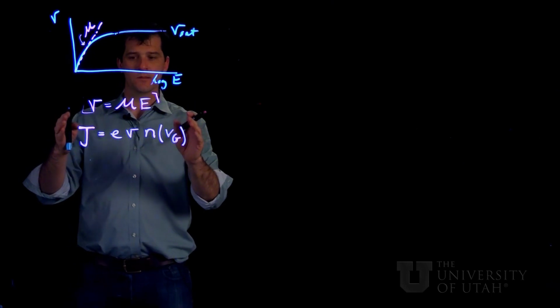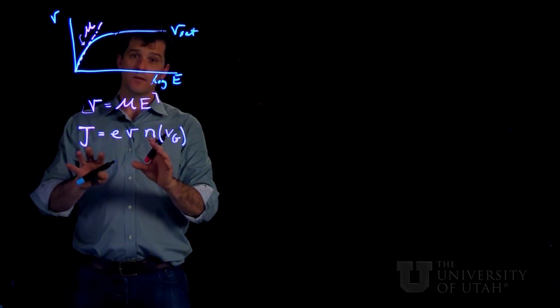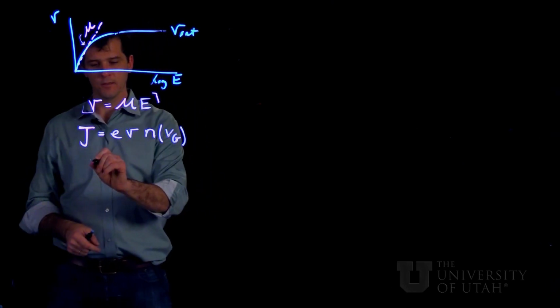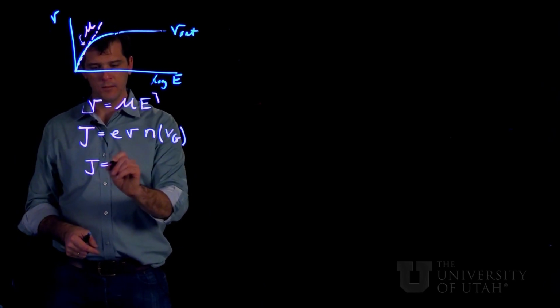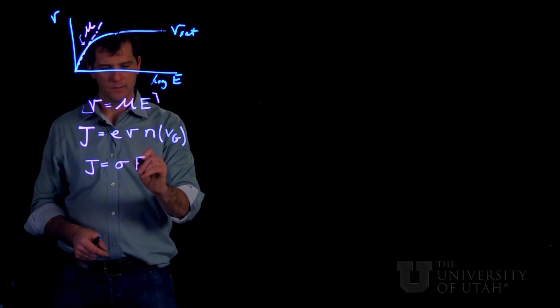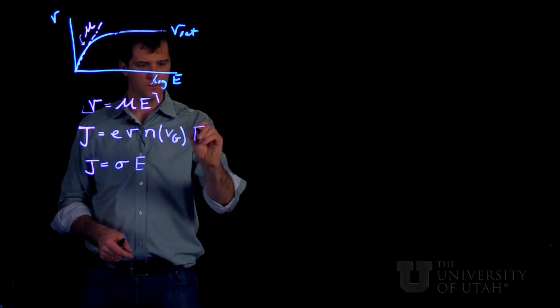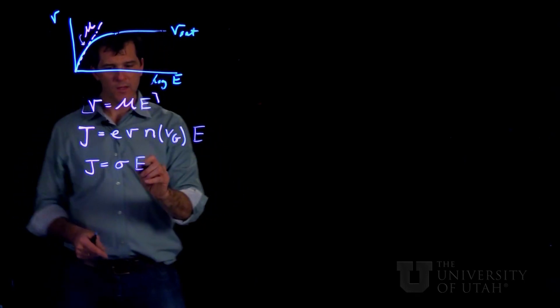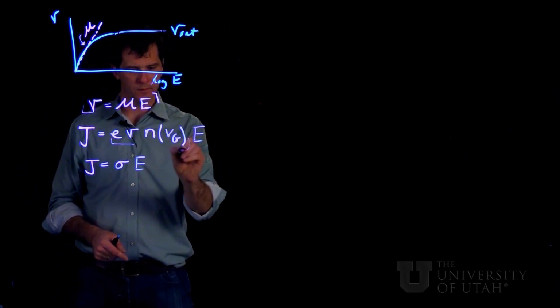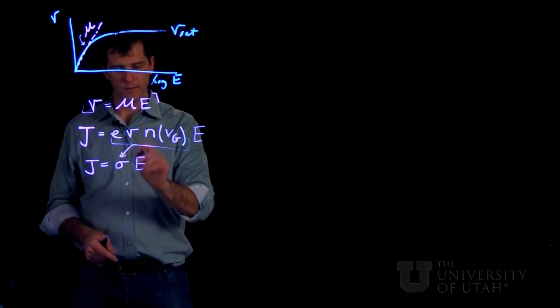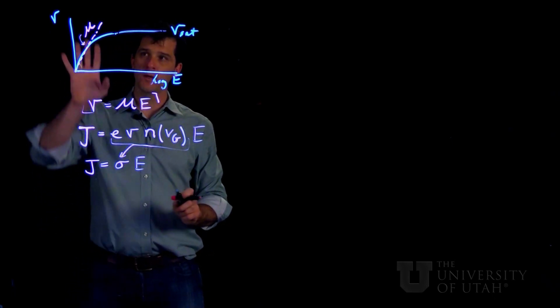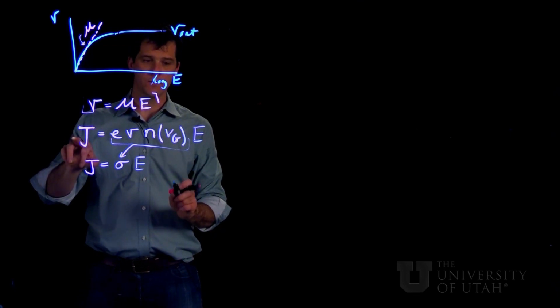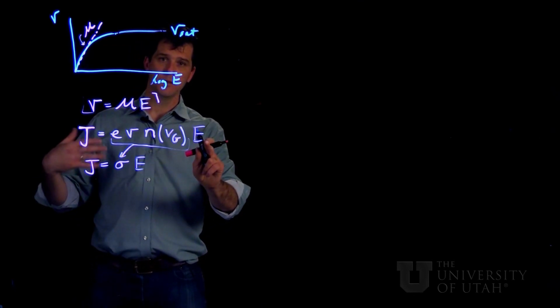And this leads us to essentially the expression of Ohm's law here, where we have J equals sigma times E. And thus this part here is our conductivity. So Ohm's law applies, and we get current, which is proportional to the E field.